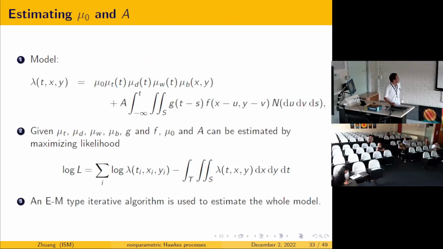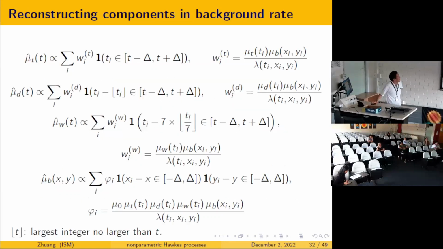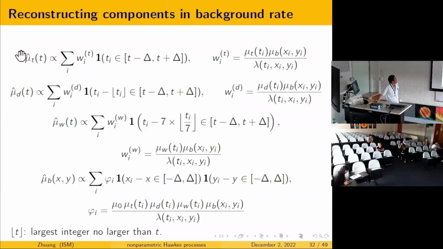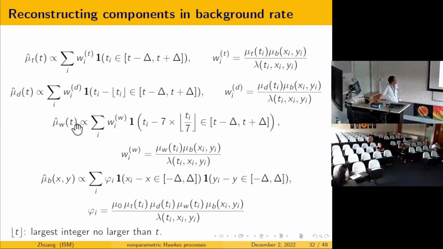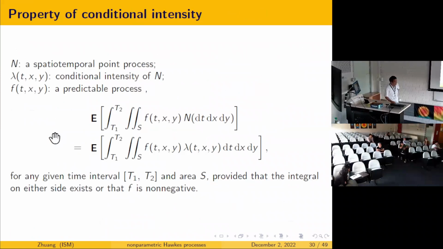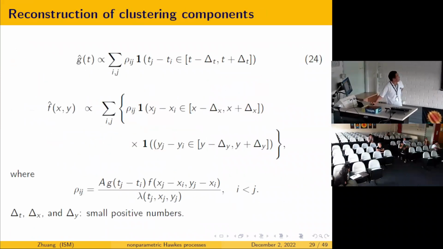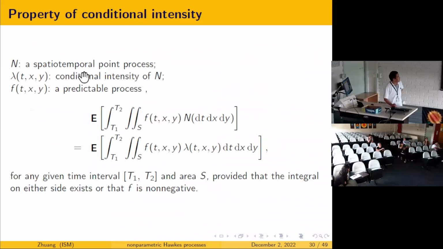After we estimate all those functions, we can do some normalization so that this one has average 1, this one has average 1, and this one has average 1, so all of those have average 1. And those two can be normalized as probability density functions.